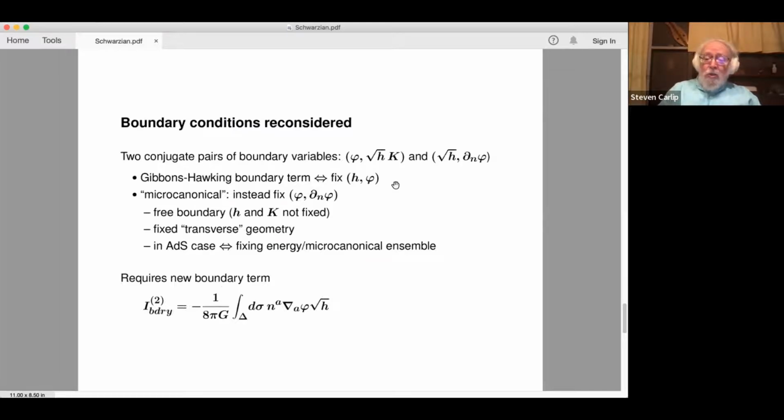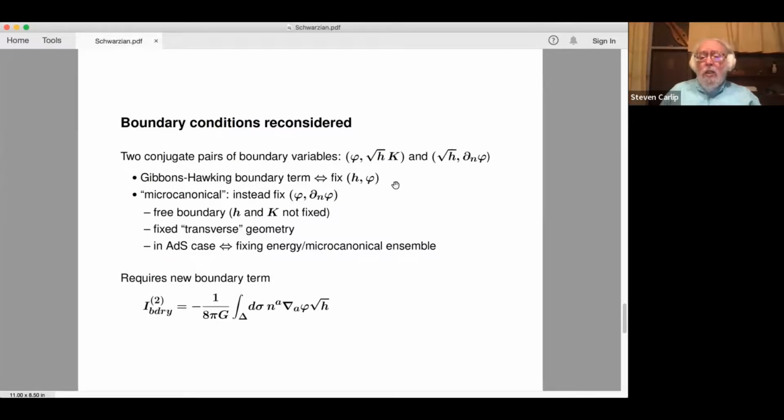There is something you can do, though. You can go back and look at the boundary conditions. If you look at the variation of this dilaton action, again, with an arbitrary potential that turns out to be irrelevant for this consideration, you find that there are two conjugate pairs of variables.